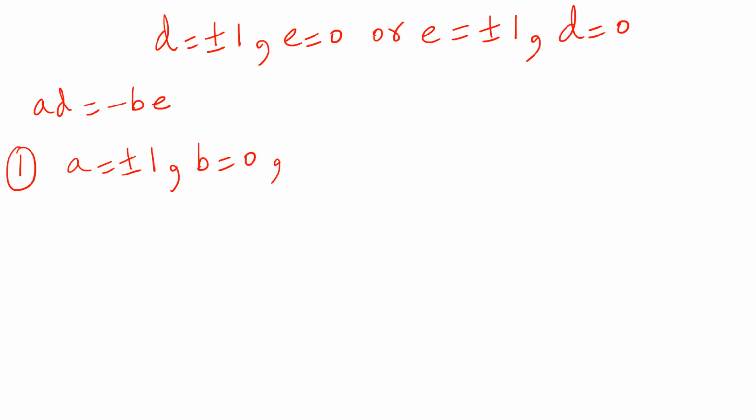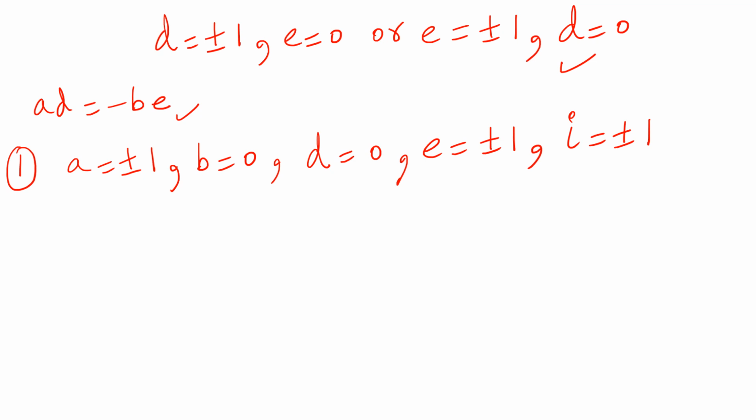Now if I put the value of B in this condition, then the value of AD becomes equal to 0. Now since A equal to plus minus 1, this means D must be equal to 0. And if D equal to 0, then as per this condition, the value of E must be equal to plus minus 1. And we already know that the value of I is equal to plus minus 1.